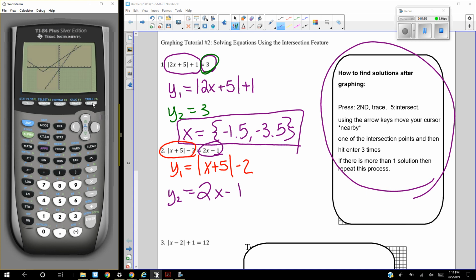So you can see these graphs are only going to have one solution, which makes this a little bit easier. So second trace, go to number 5 for intersect. Move the cursor, and you can see I don't even have to be right on it. I'm just somewhere close to that intersection point. Hit enter 3 times. You get your only solution. X equals 4. Remember, we're just solving for X. We're not concerned about the Y values here.